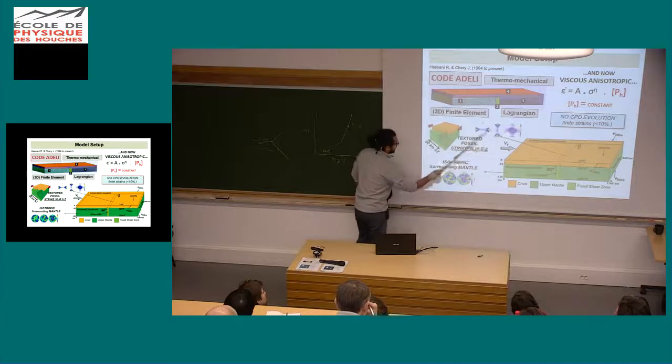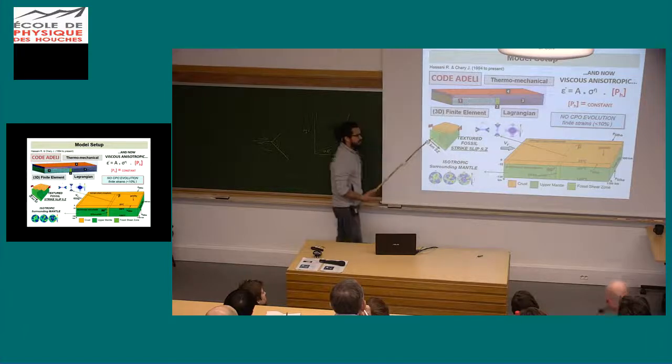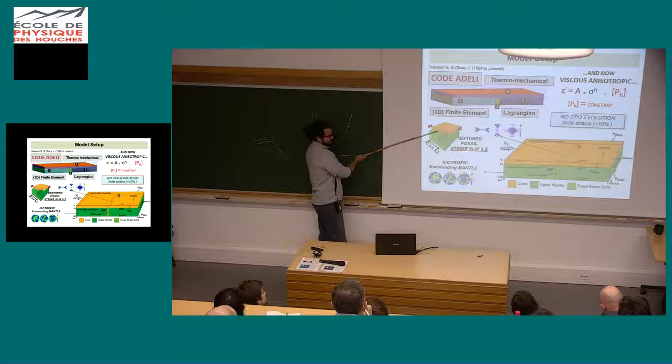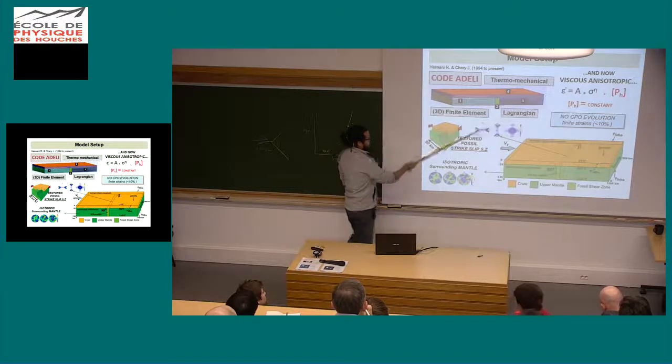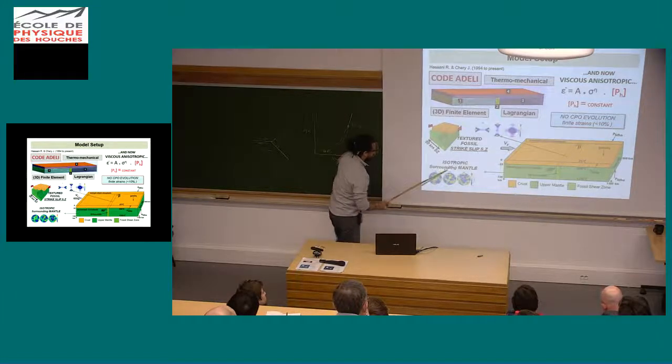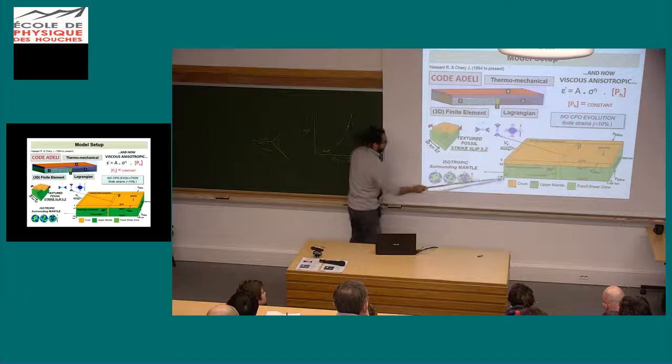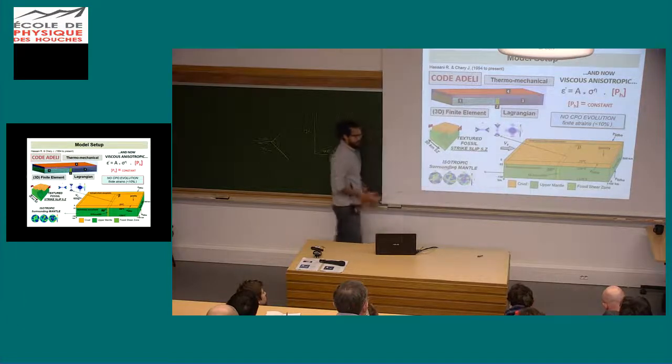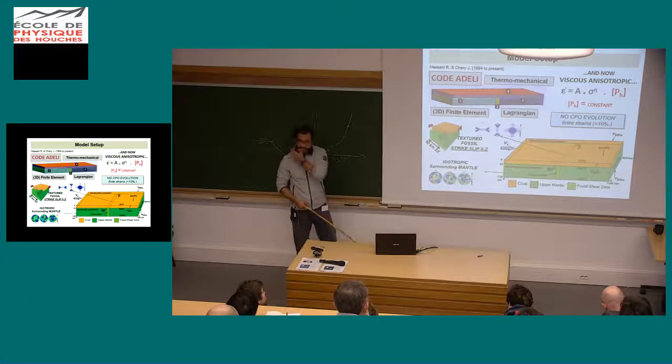So that is the texture associated with this strike slip. Basically 100 is parallel to the foliation in the mantle, and 010 is perpendicular to it. And in my surrounding mantle, I put a random texture, which means that the surrounding mantle is isotropic.